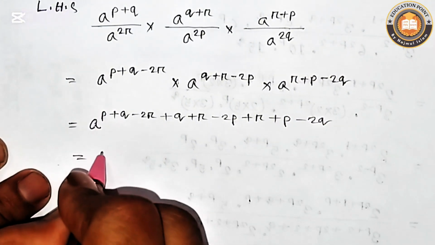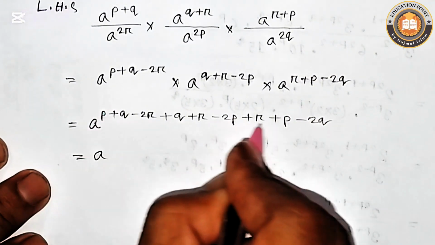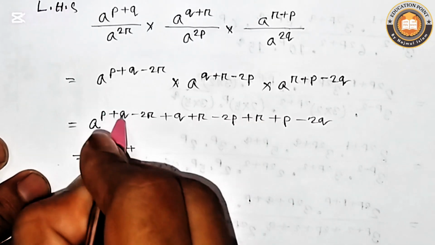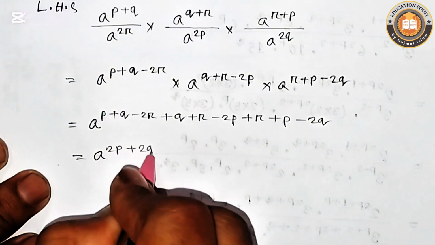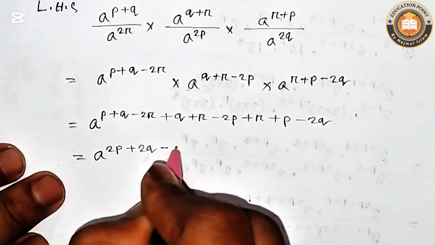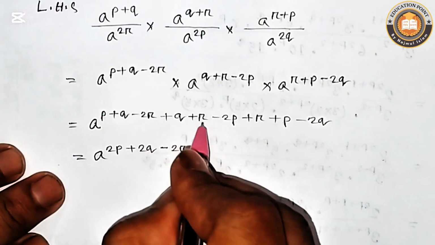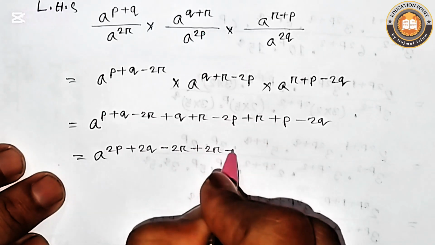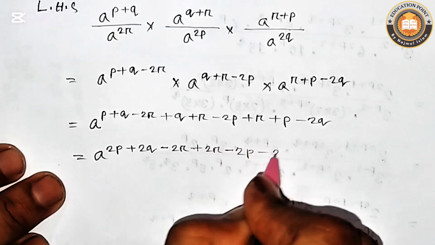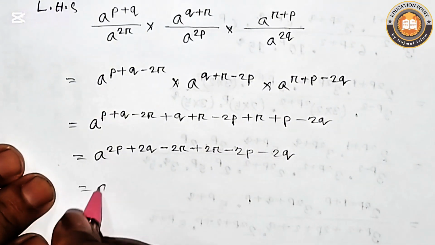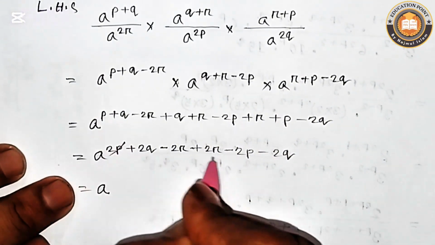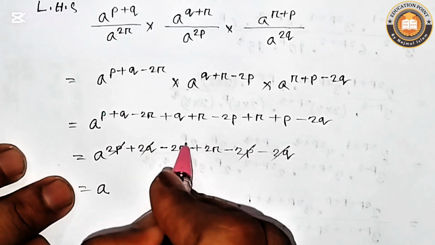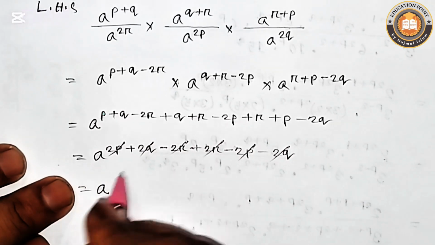a to the power p plus p equals 2p, then plus q plus q equals 2q, minus 2r plus r equals plus 2r... then minus 2p, minus 2q. a power plus 2p minus 2p equals 0, plus 2q minus 2q equals 0, minus 2r plus 2r equals 0.